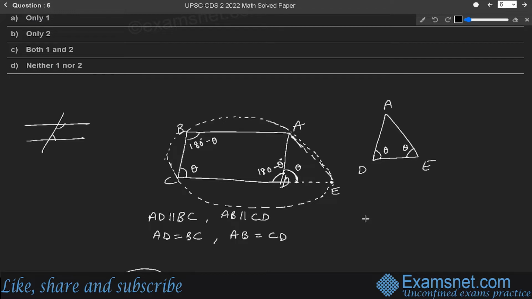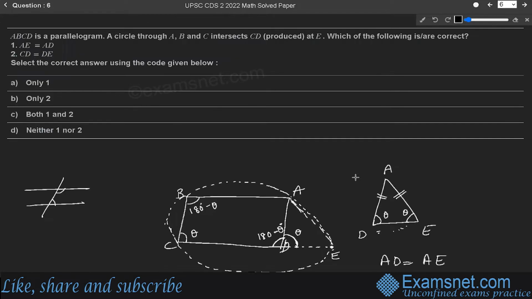Now, since both these angles are equal to theta, it means that the sides are equal, and the sides are AD and AE. So we can say that AD is equal to AE because the angles are equal. When two angles are equal, then their opposite sides are also equal. So we can say that the first statement is correct, which says that AE is equal to AD.